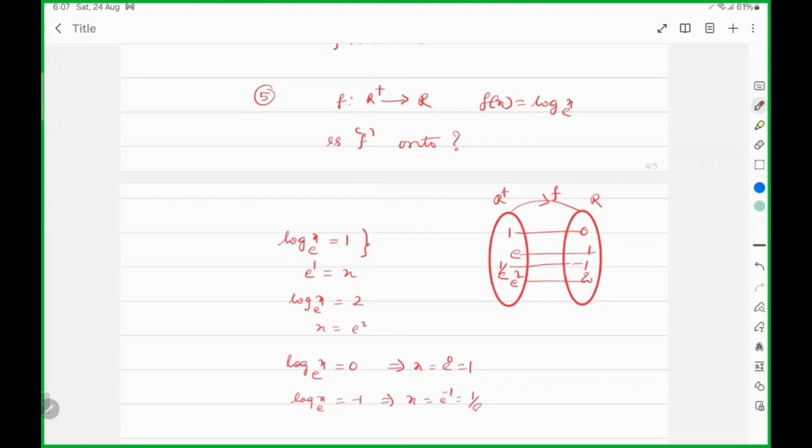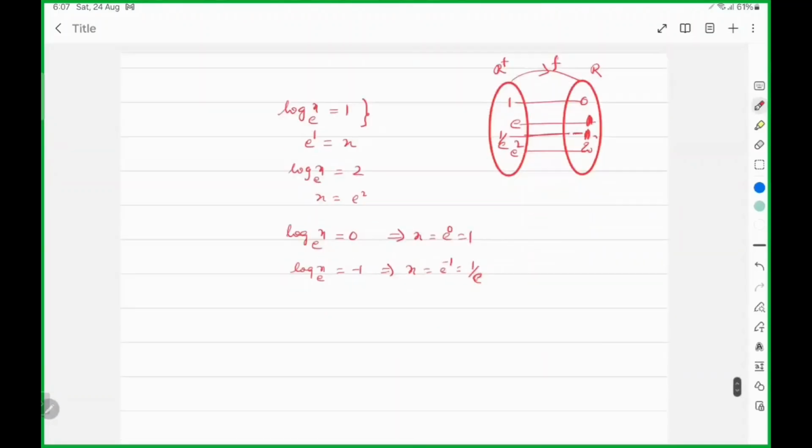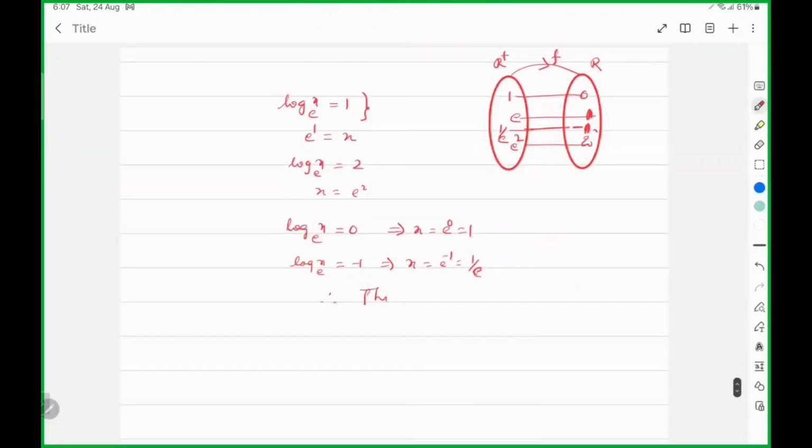So like this, every element has a pre-match, whether it is negative, 0 or positive. Every number of the codomain has a pre-match. So therefore, this function is an onto function.